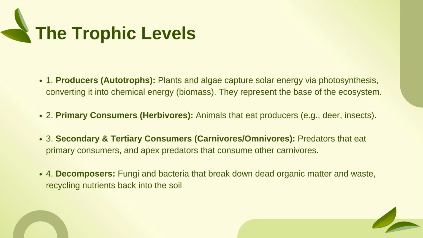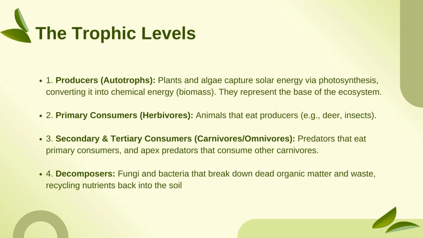They are the predators that eat primary consumers, and the apex predators consume the secondary or tertiary consumers. Apex is the one which is at the higher end of the chain. Next come decomposers. Fungi and bacteria break down dead organic matter and waste. They recycle the nutrients and send them back to the soil, so the energy is not wasted.